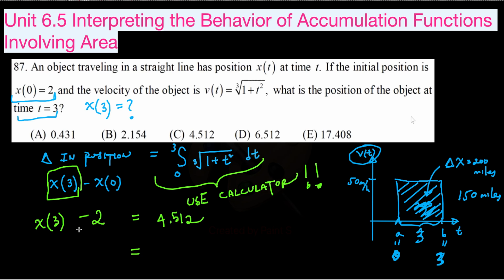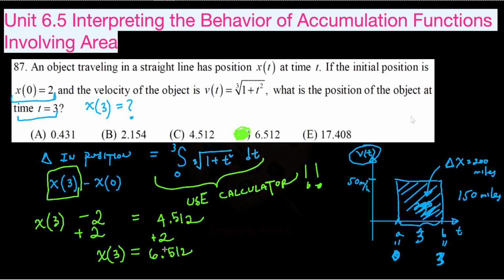Then, if you want to solve for its position, x sub 3, you add 2 on both sides, and you get that x sub 3 is 6.512. And that is choice D.